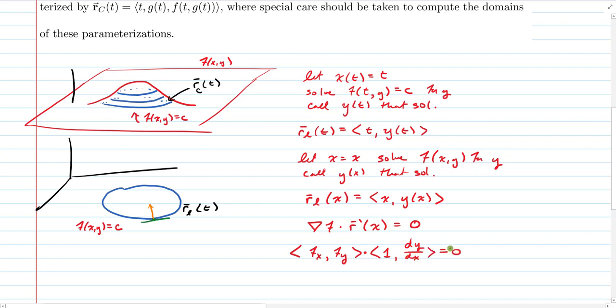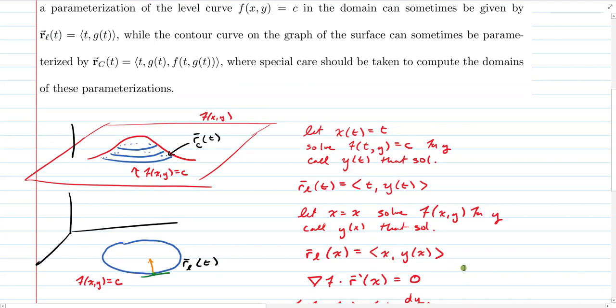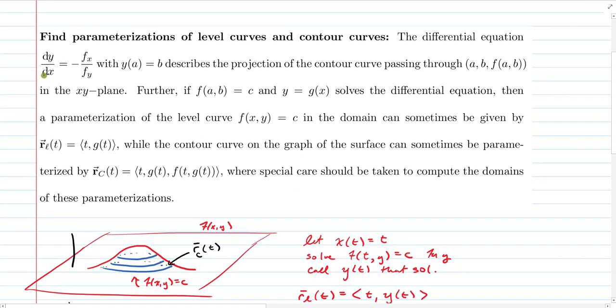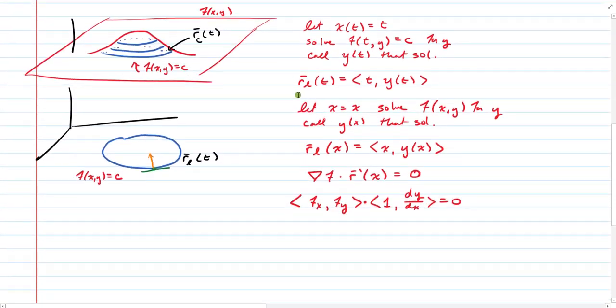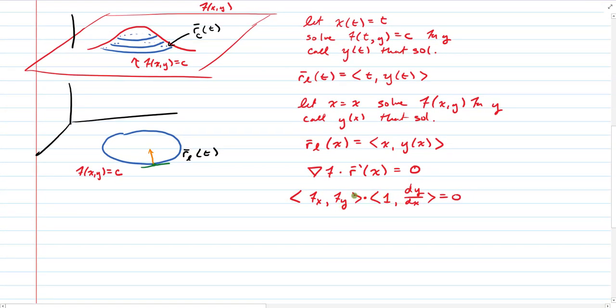Now, to develop the differential equation that has to be solved in order for us to find out what that y sub x has to be, we can just solve for dy dx by doing this dot product. If we compute this dot product, we'd have f sub x, and if you like, times 1, plus f sub y times dy dx needs to equal 0.